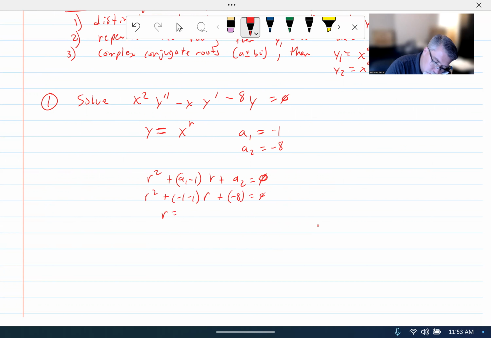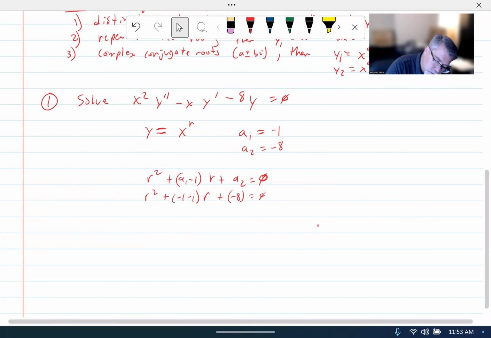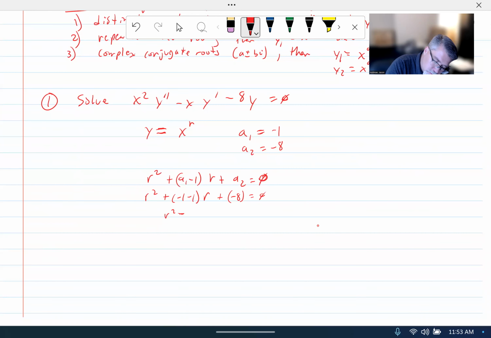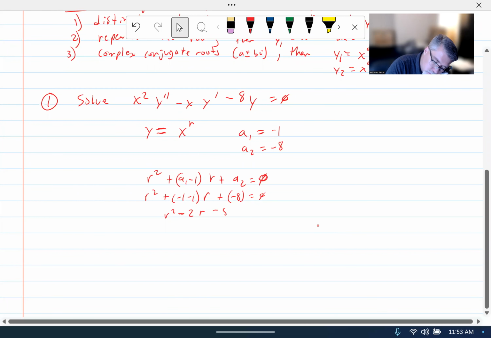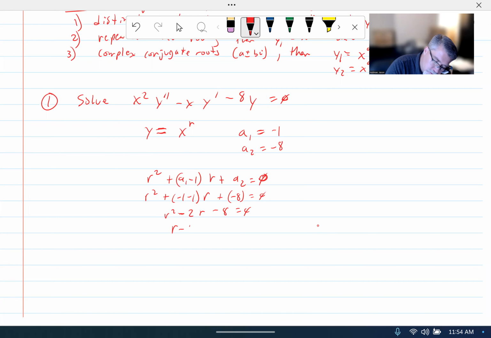So r squared minus 2r minus 8 equals 0. And that's going to factor into (r minus 4)(r plus 2) equals 0. So r1 is equal to -2, and r2 is equal to 4.